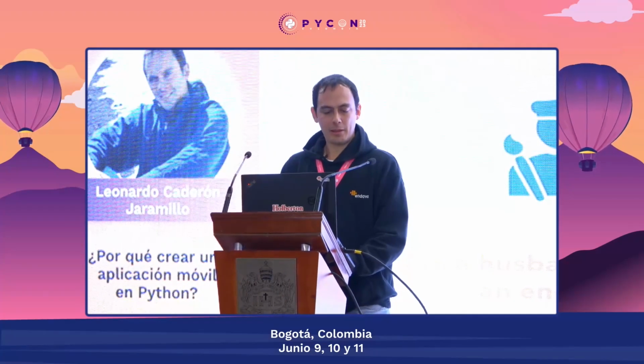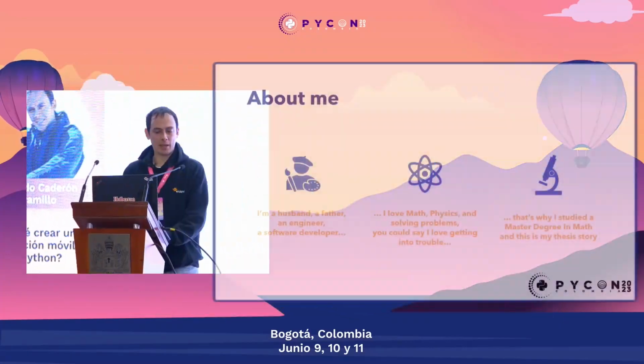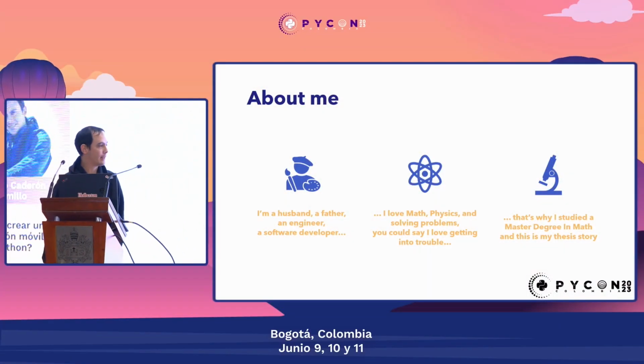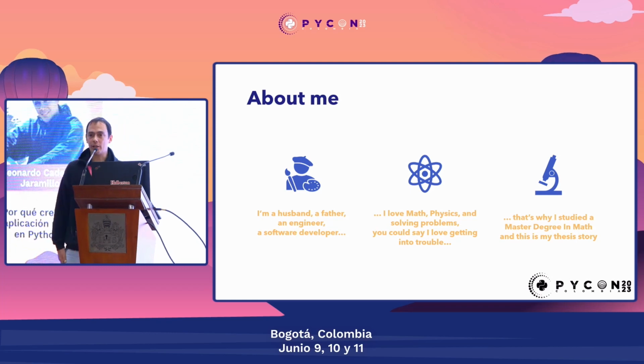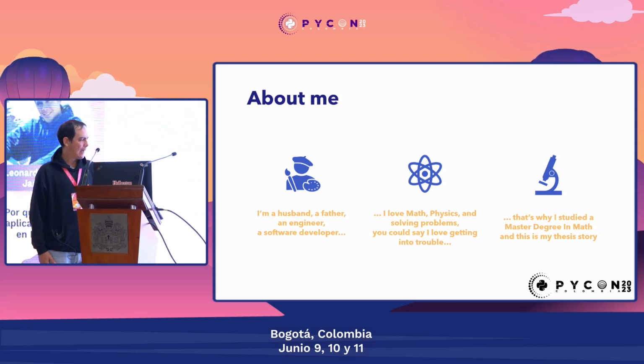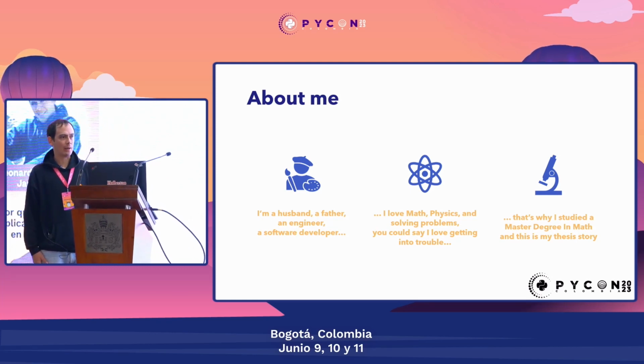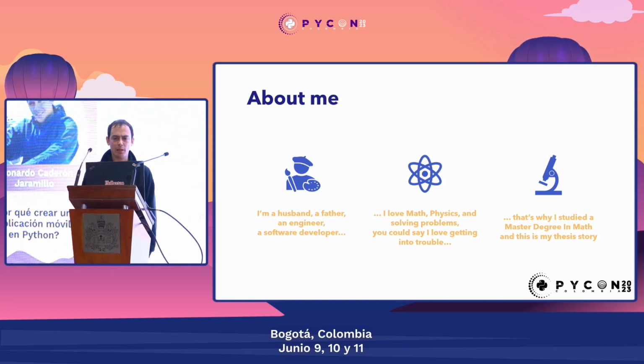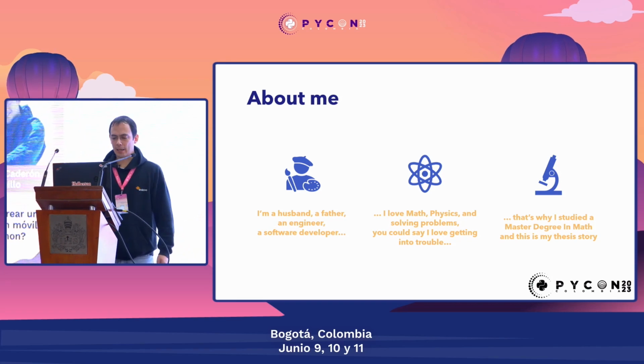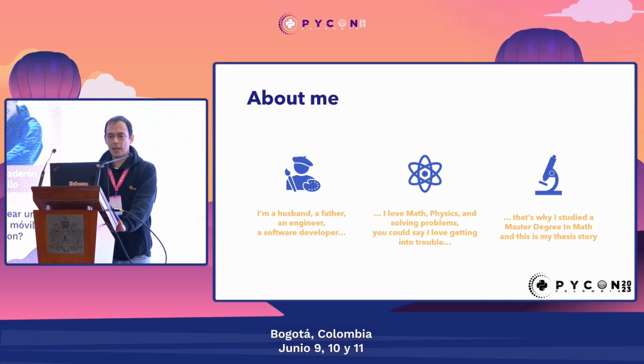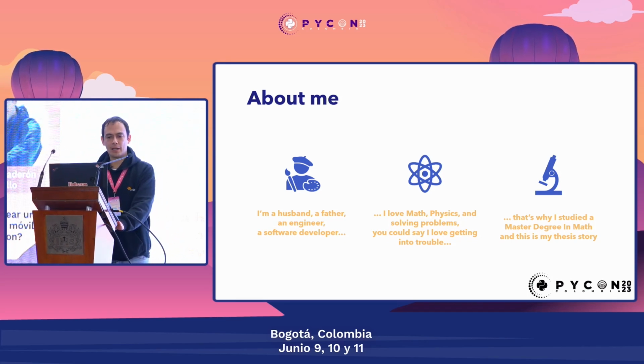Something about me, basically I'm a husband, I'm a father. That is my main reason to do all that I do every day. I'm an engineer, and now I'm a software developer. I spent most of my time working in industries, pharmaceutical industries, and in the end I found that software engineering is the best.